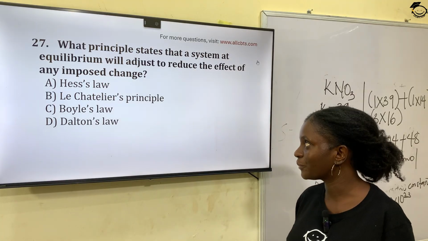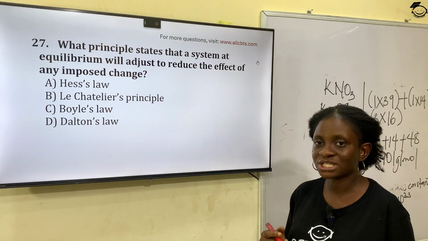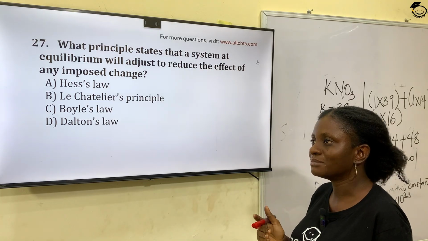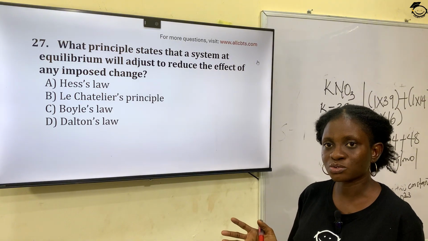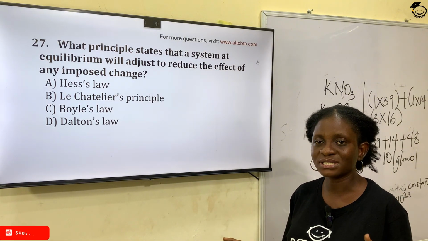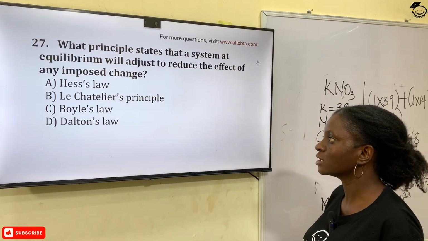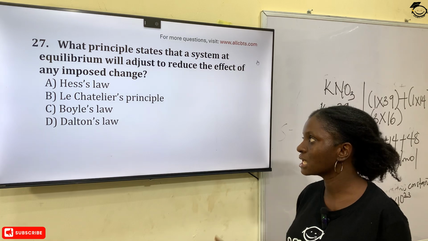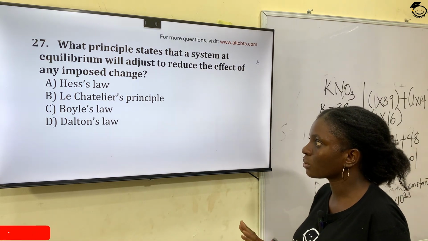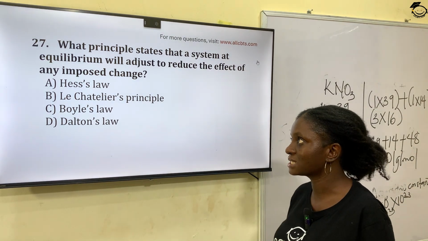D, Dalton's law. So the correct answer is Le Chatelier's principle. If there is any disturbance at an equilibrium state, it will adjust to make sure there is balance in the system. So that's the basic explanation of Le Chatelier's principle. Option B is the correct answer.